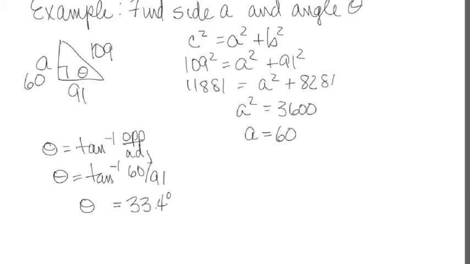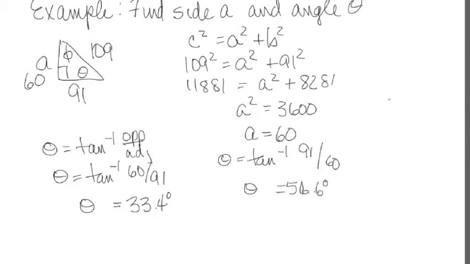I happen to pick the inverse tangent. You could use any inverse function you wish. If I want to find angle psi, which is up there at the top, I can use, again, the inverse tangent. That gives this expression, the opposite, which would be 91, over the adjacent, which would be 60. That gives an angle of 56.6 degrees.